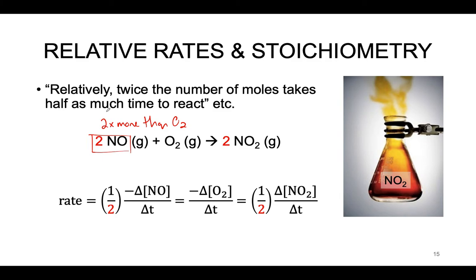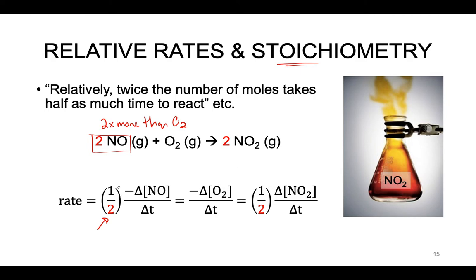So if we want to make sure that our reaction rates are equivalent to each other, if we want to recalibrate them so that the rate is all the same, how we do so is by taking the stoichiometric coefficients in front of a species in our chemical reaction and dropping it into the denominator of a fraction, and we can set all of our rates equal to each other in this way.